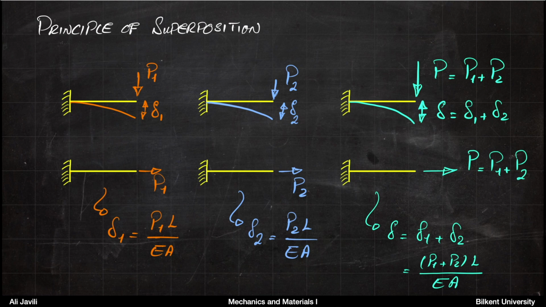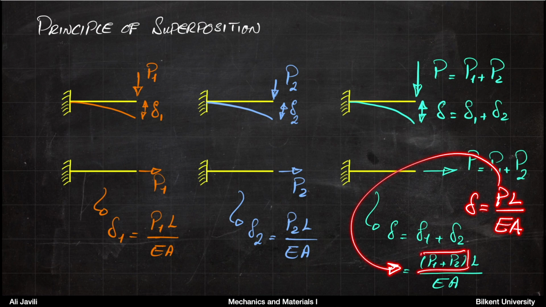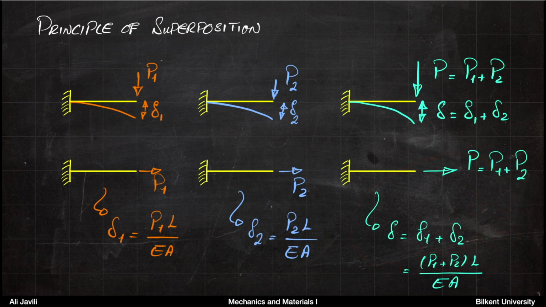So if you apply the force P, that is the sum of P1 and P2, you can actually say, well, delta would be then PL divided by EA. And because that P is P1 plus P2, that means your delta would be delta 1 plus delta 2. So it turns out that for our particular problem of axial loading, we can apply the principle of superposition.